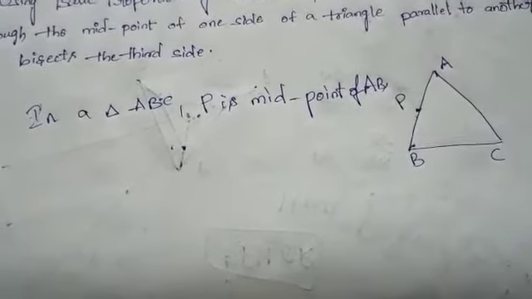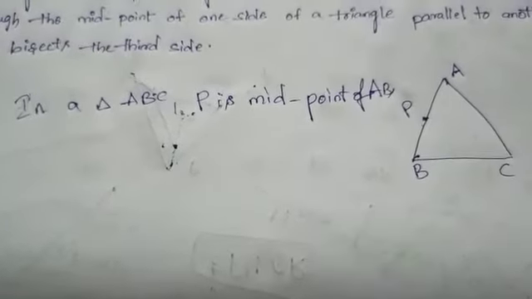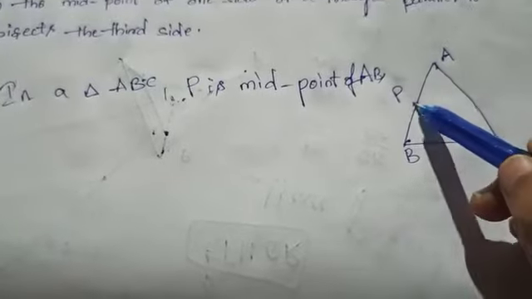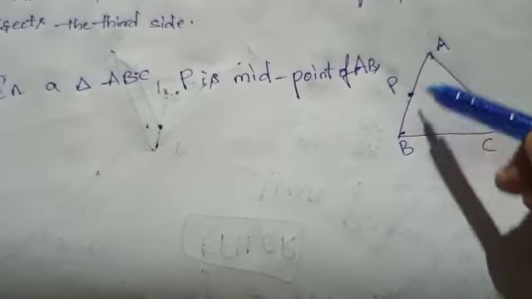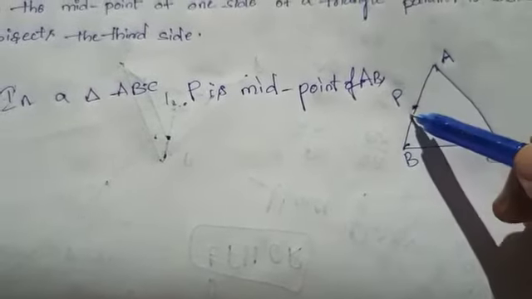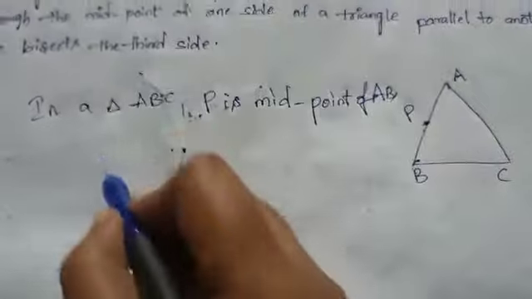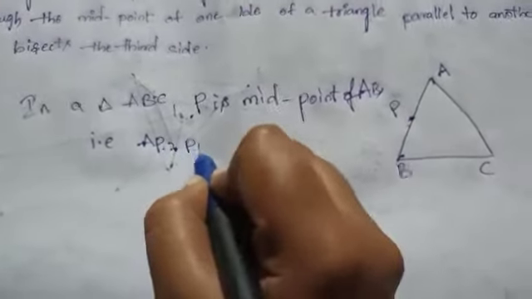P is the midpoint of AB. Midpoint means it divides a line segment into equal parts. Then AP equal to PB.